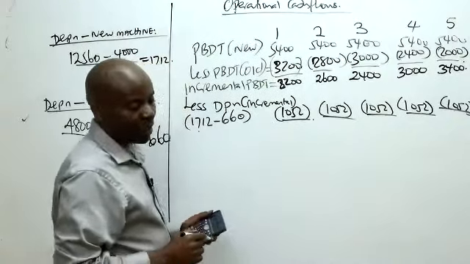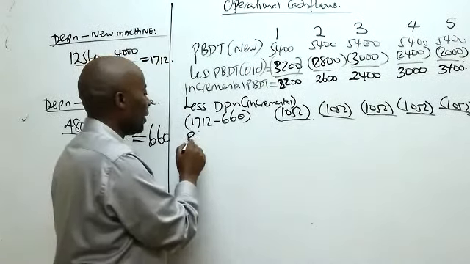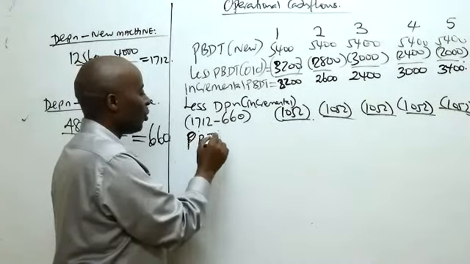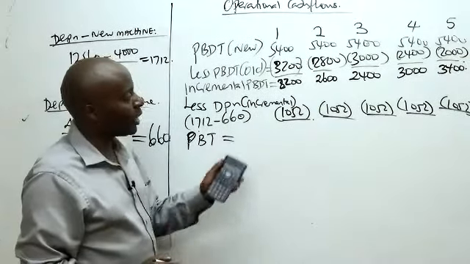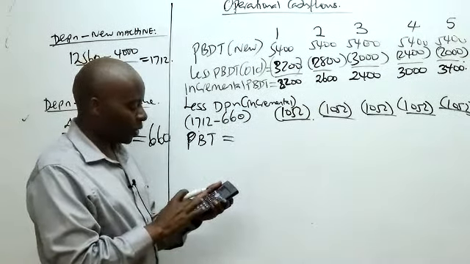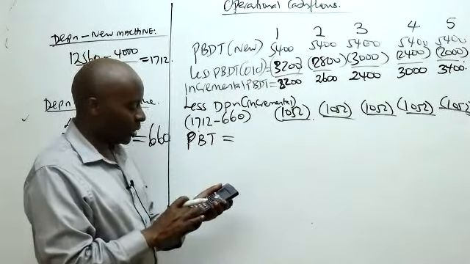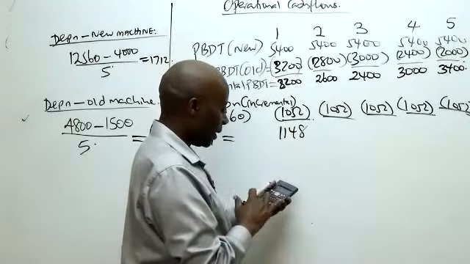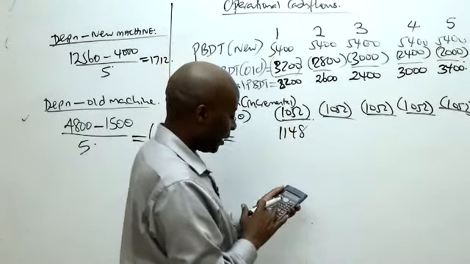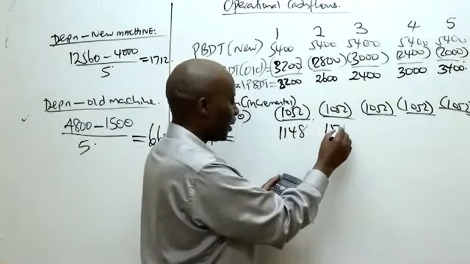So here we are, subtract for us. What you will get will be called a profit before tax. So we have 2200 minus 1052, which gives us 1148. We have 2600 minus 1052, which gives us 1548.